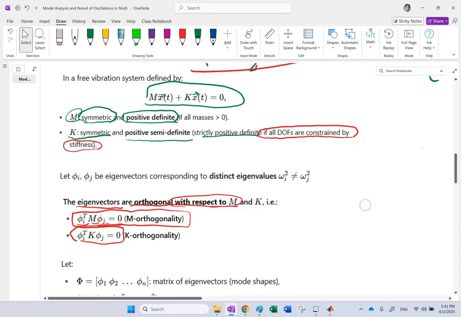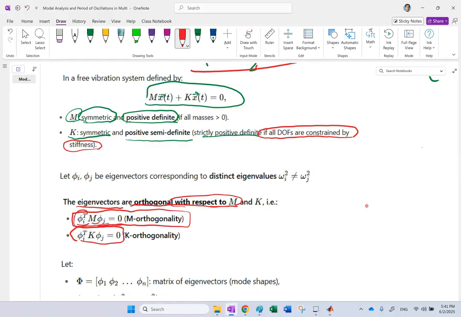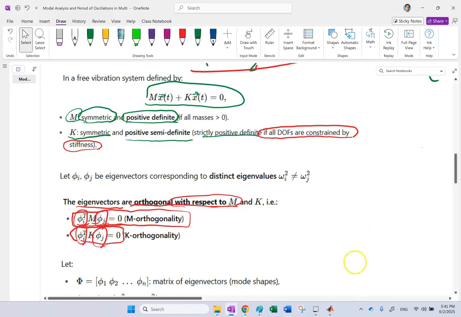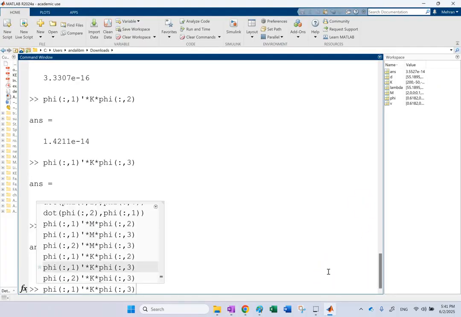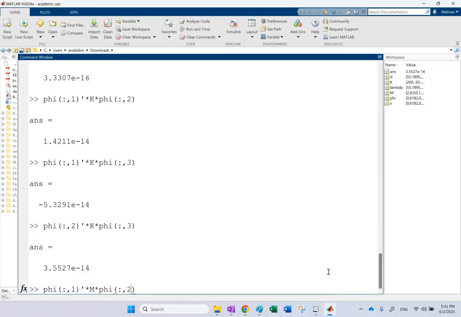So the second set of properties that you learn here is, with respect to the K and M, the separate mode shapes are, of course, orthogonal. Now, you might say, what if I use the same mode shape? So here, I use phi 1 on both sides.